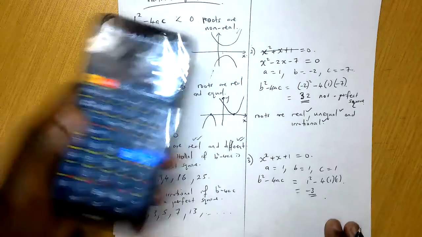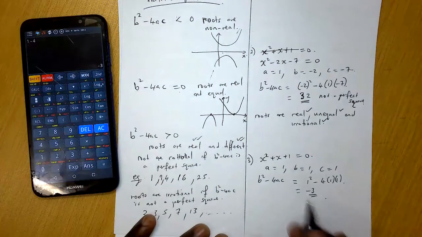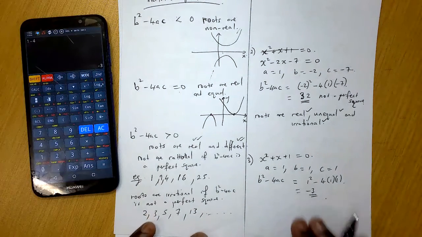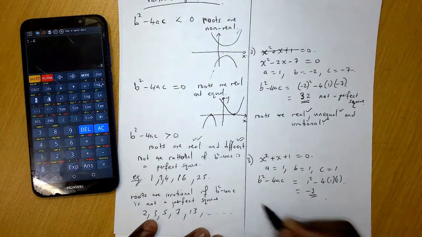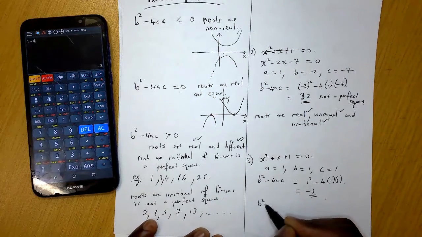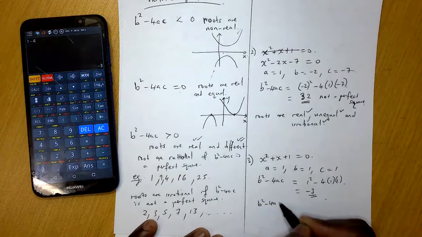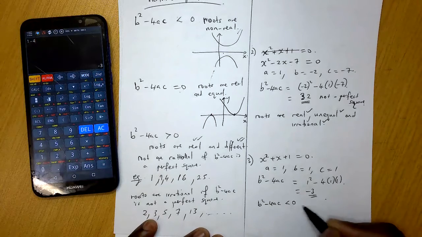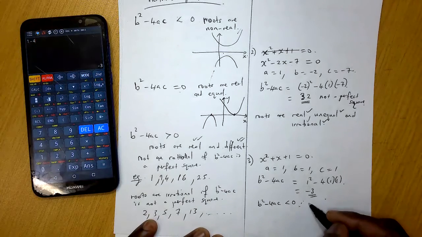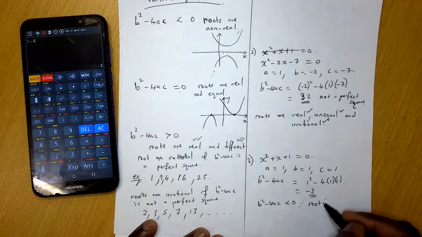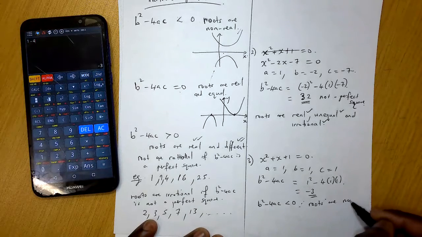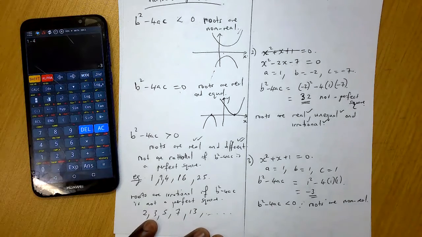Now, if we get negative 3 there, since b squared minus 4ac is less than 0, therefore the roots are non-real. So roots are non-real in this case.